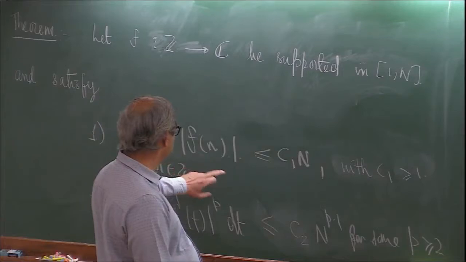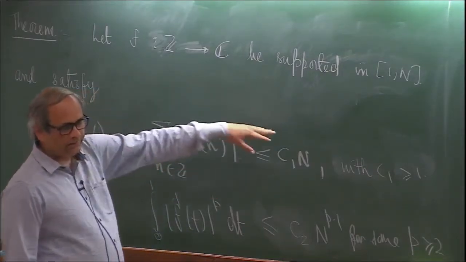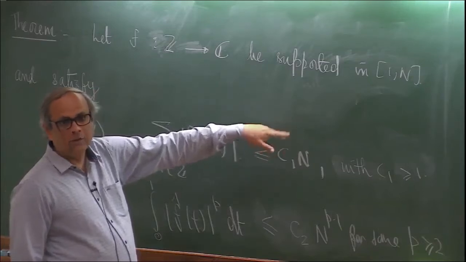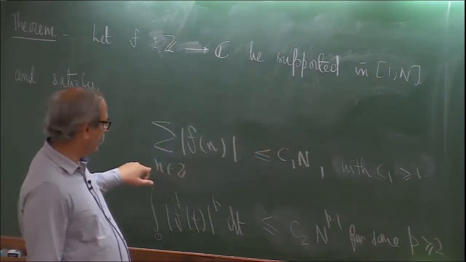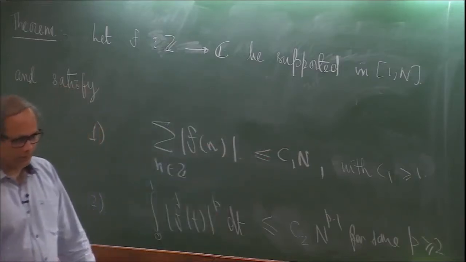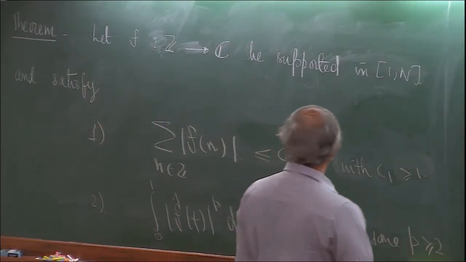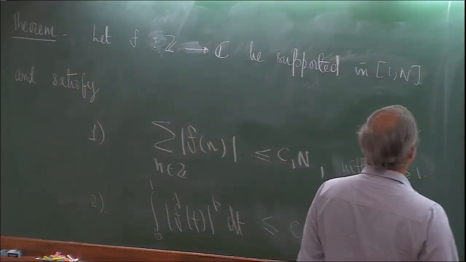So yesterday I wrote it in terms of the L infinity norm, saying the L infinity norm of the Fourier transform is less than n, but I prefer to write it in terms of the L1 norm of f here, okay? And then, so suppose this satisfies this.